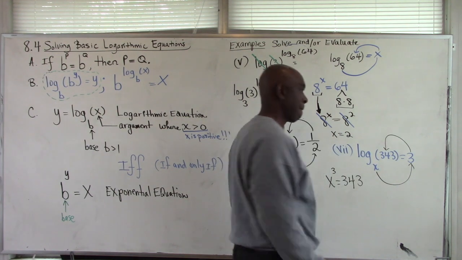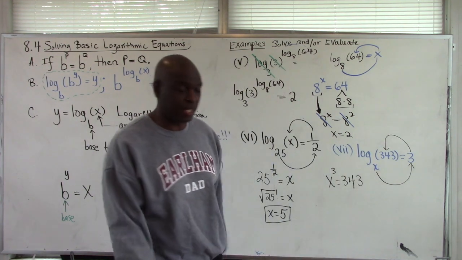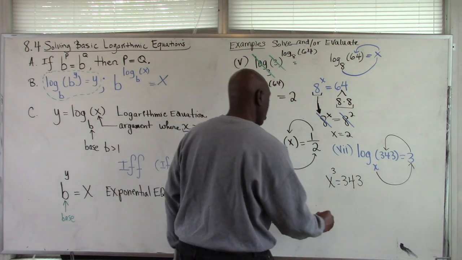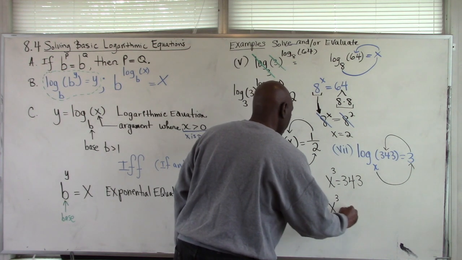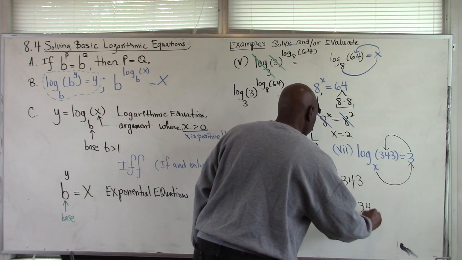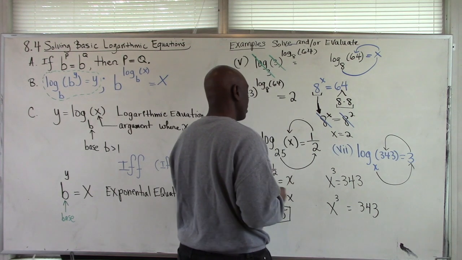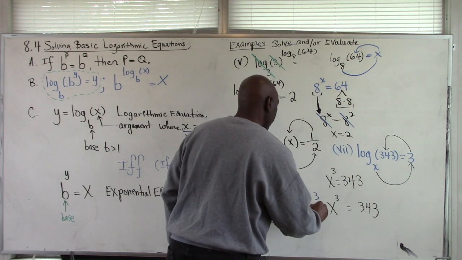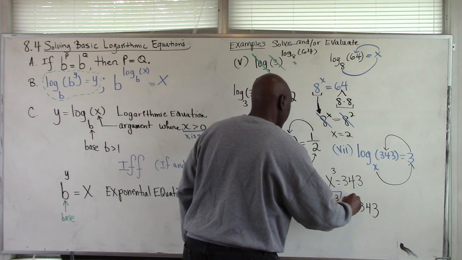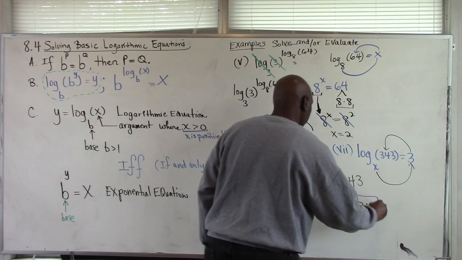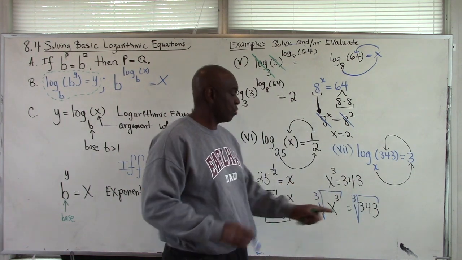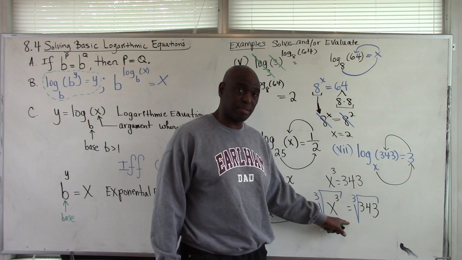343. Take the cube root of both sides. So if I have x cubed equals 343, let me take the cube root of the left and the cube root of the right. Now, whenever you take the cube root, you do not do plus or minus.